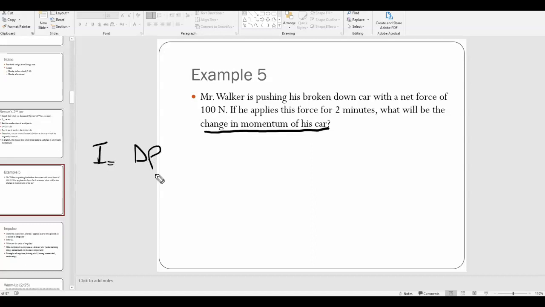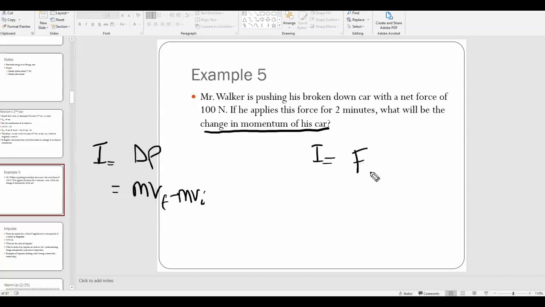When this question asks for the change in momentum, it's not talking about mv final minus mv initial, because they don't give me mass or velocity. What they're really asking is what is the impulse he is applying on his car? Because impulse and change in momentum are equal, I'm really asked about the impulse.